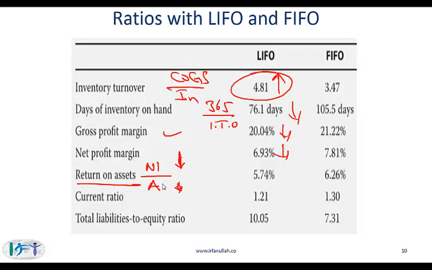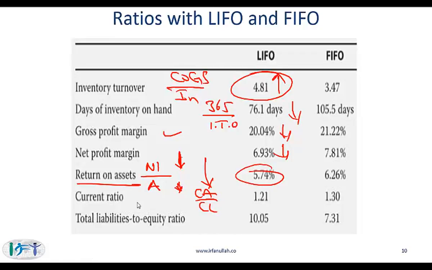Inventory typically would be a small percentage of overall assets. So the assets number is lower with the LIFO method, but only by a small amount. The impact on net income typically will be more substantial. So if the net income, which is in the numerator, has the larger impact, then the overall ratio is going to be lower with the LIFO method. And that is what you see over here.